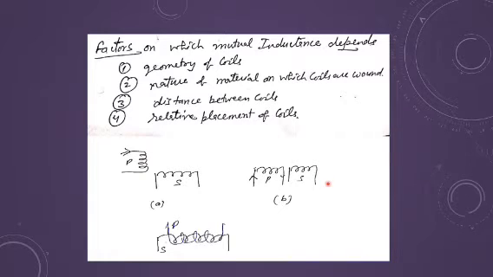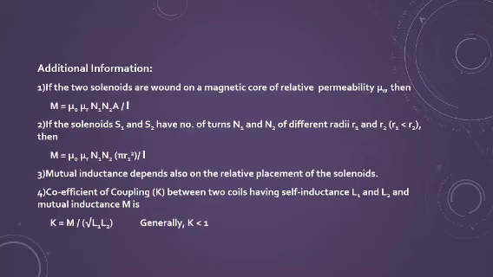Of course in the third case, it will give you the maximum value, and here it will give you the least value, because of the type of change in magnetic flux it will produce in the secondary coil when you allow the current to pass through the primary coil. So that will depend upon their placement and the distance between them, which of course you have to keep in your mind.